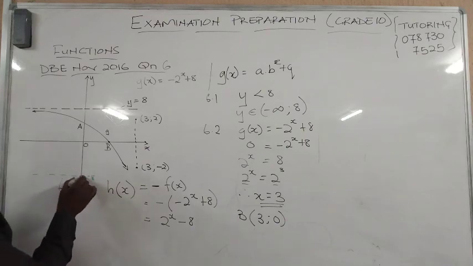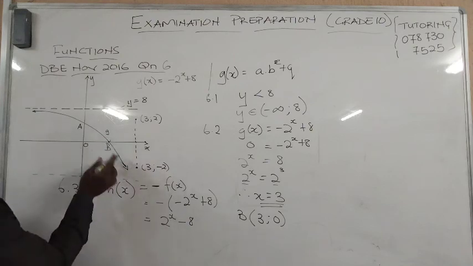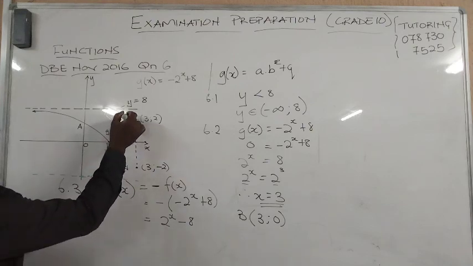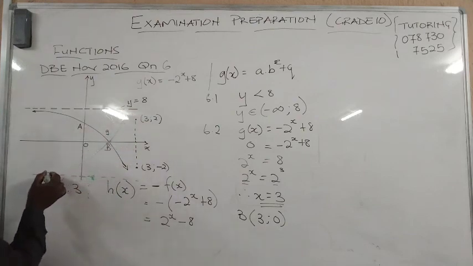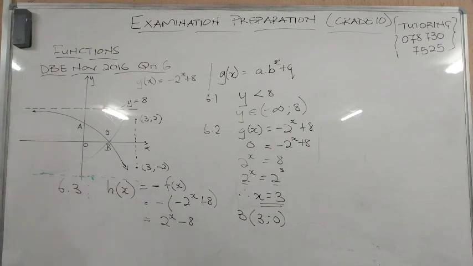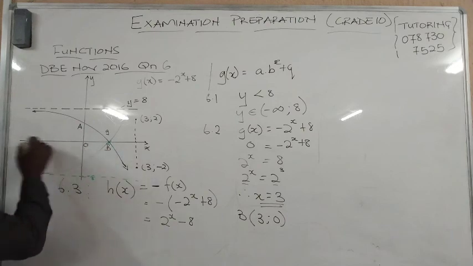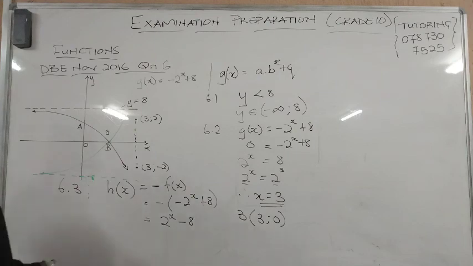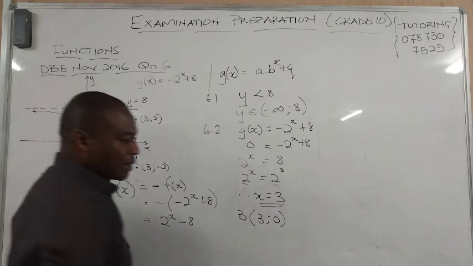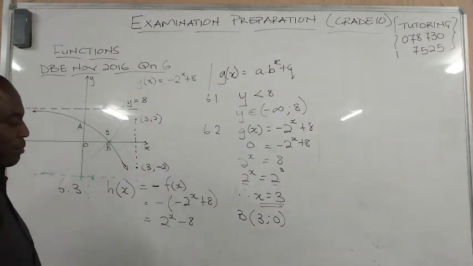That's where we are going to have our asymptote. And then just a reflection, this part will reflect to the other side. So they meet here at the point on the mirror line. That's where they also cross, because they are sharing this mirror. All right. So our h of x will be equal to 2 to the power x minus 8.